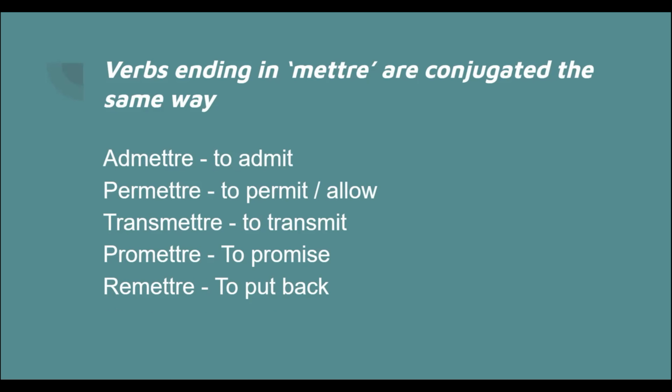Now that you know how to conjugate the verb mettre in those three tenses, you can actually conjugate a few more verbs in a very similar way. Verbs ending in mettre, for example, admettre, permettre, transmettre, promettre, and remettre, are conjugated in the exact same way as the verb mettre.